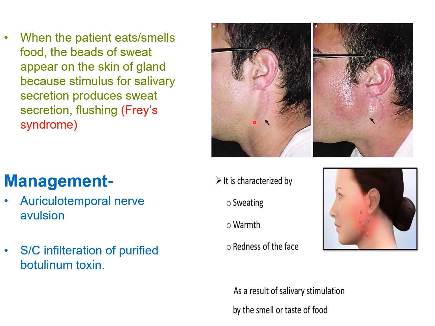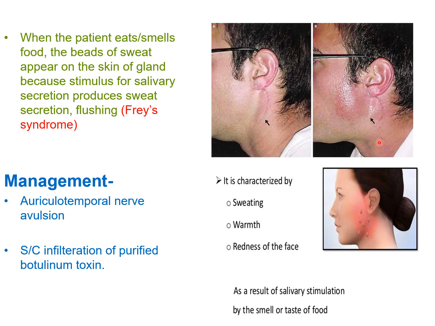So the symptoms of Frey syndrome are triggered by chewing, that is the gustatory sweating, or by the sight, smell or thought of food. So when a patient eats or smells the food, beads of sweat appear on the skin over the gland because the stimulus for the salivary secretion produces sweat secretion, which is causing flushing.